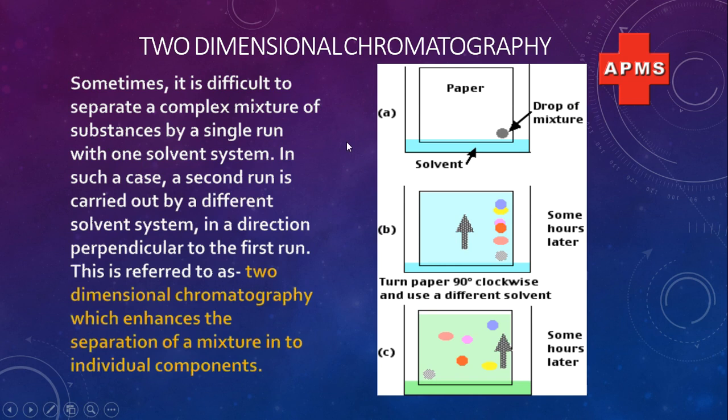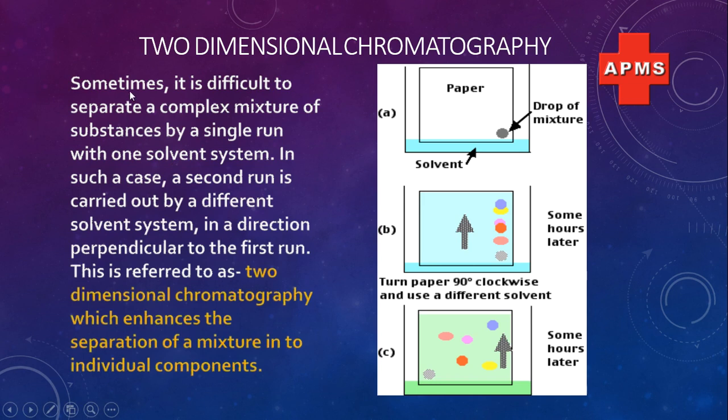Earlier we saw one dimensional, where the movement is only in one direction, but in this case it is two directional. At first we see one direction, and then when we turn this 90 degrees, we get further separation of these points on this side, and we get the second one dimension. Combined, we can say that is two-dimensional chromatography.